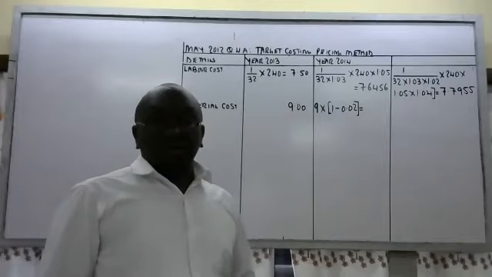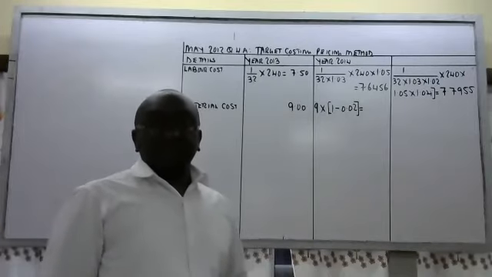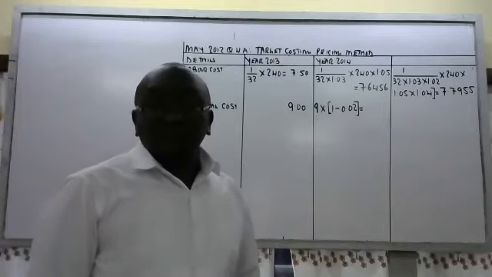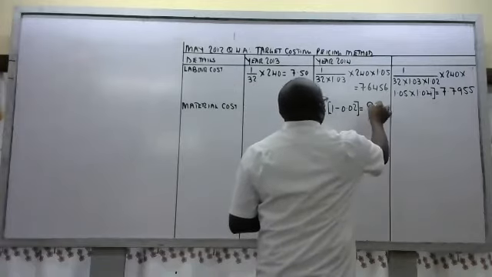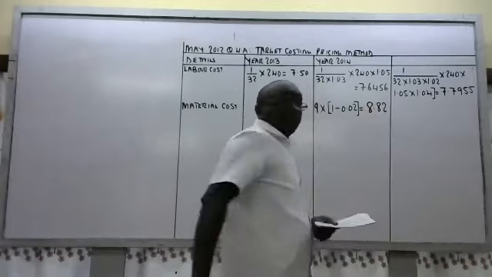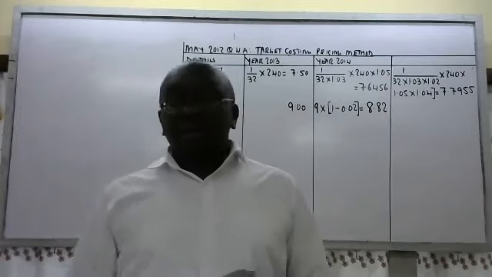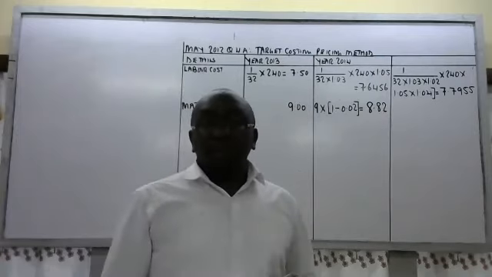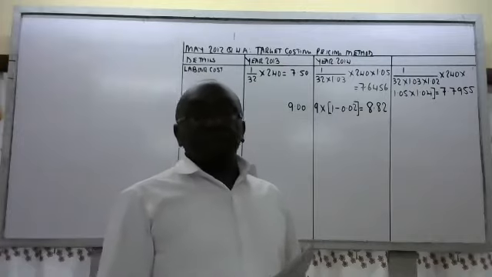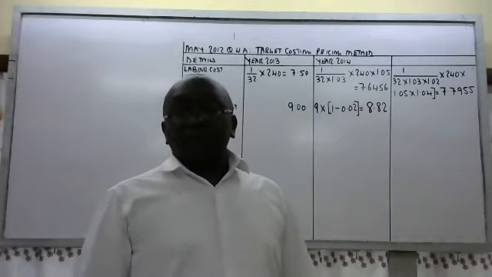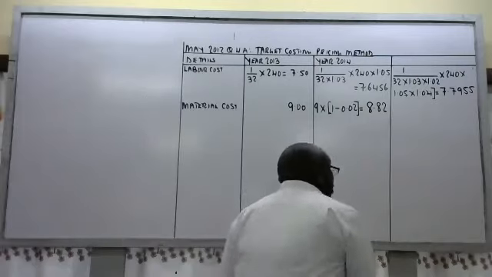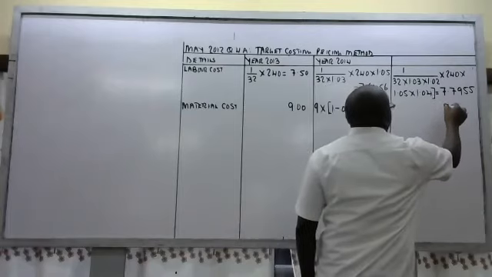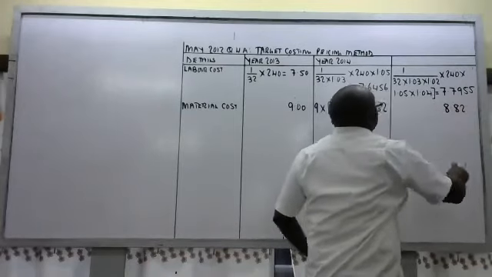Yes, June says 8.82. Yes, Jack, good, 8.82. And we are told in the third year, there will be no further change. So it is 8.82.